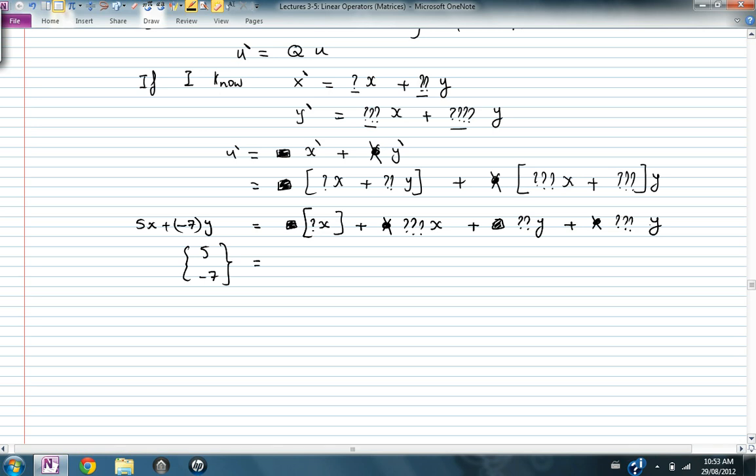You can see that we can relate the old components to the new components using a matrix as follows. The new components are this guy and this guy. Whatever is multiplied by x here will be equal to whatever is multiplied by x here.